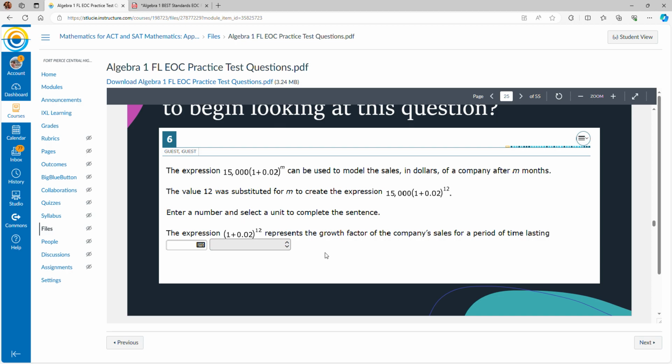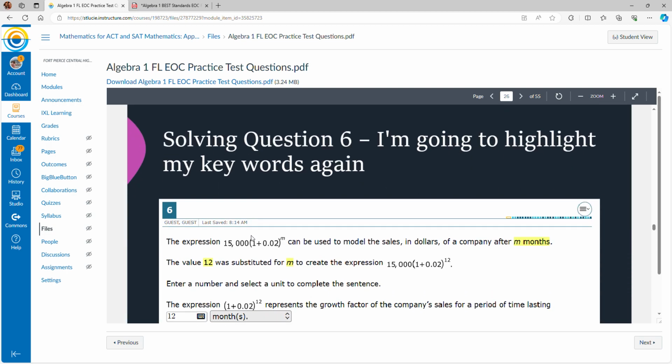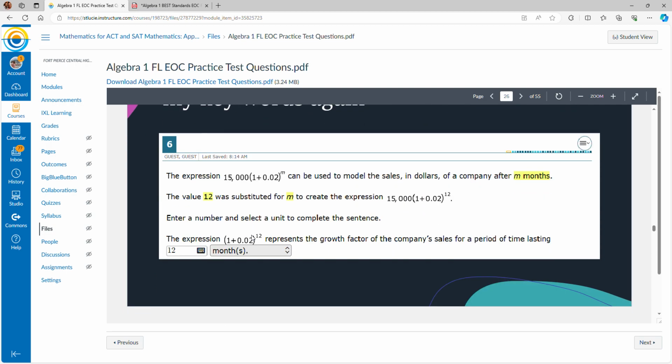The expression 1 plus 200 to the power of 12 represents the growth factor of the company's sales for a period of time lasting, and it wants you to fill in how long. And by looking at my keywords, I know that m is for month, and they put in a 12 for the m, so that's one correct answer for this question.